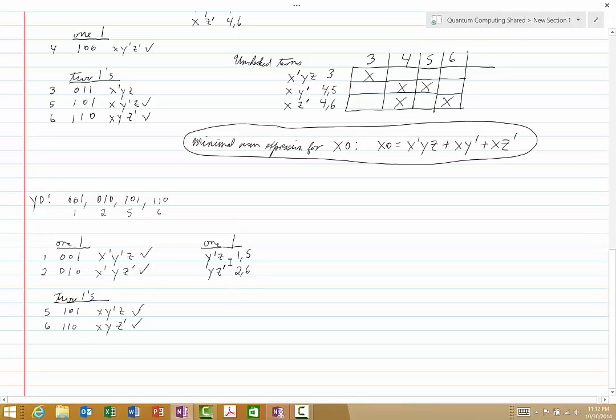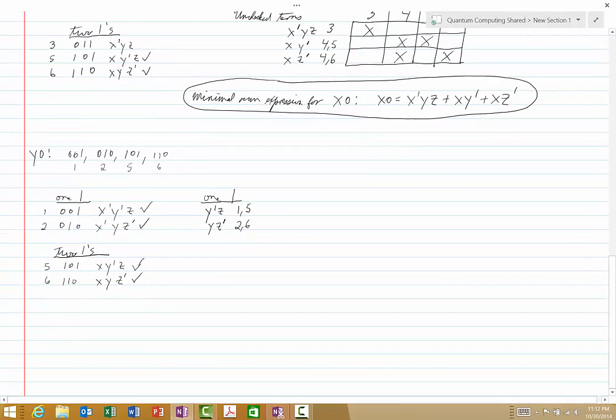Of course, there's nothing we can do now with this second column because it has only one category in it, so we're done. Looking at the unchecked terms, we have y prime z and y z prime.